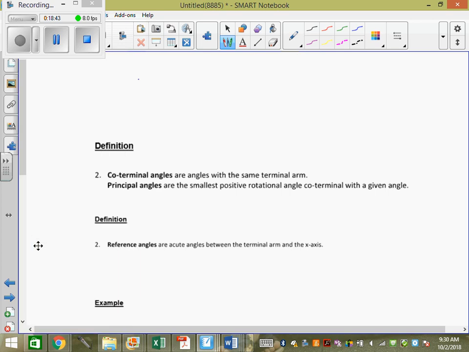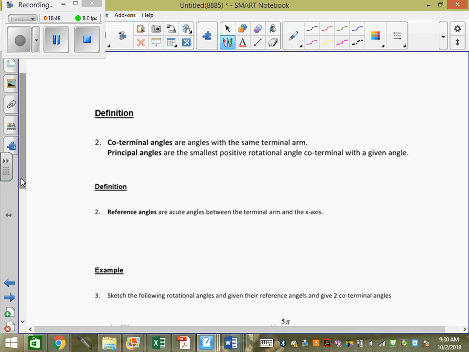Next page. So here's the coterminal angle definition. They have the same terminal arm. Principal angles are the smallest positive rotation angle. So if I ask for a principal angle and say you had gotten 410, then the smallest principal angle, so say it was 360 to 410, for a very good reason.